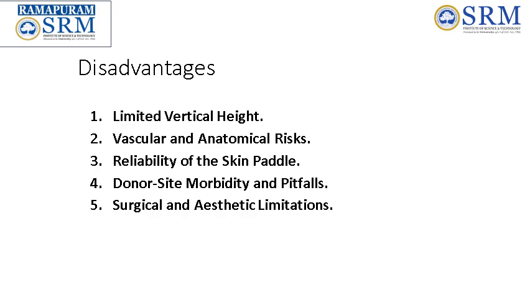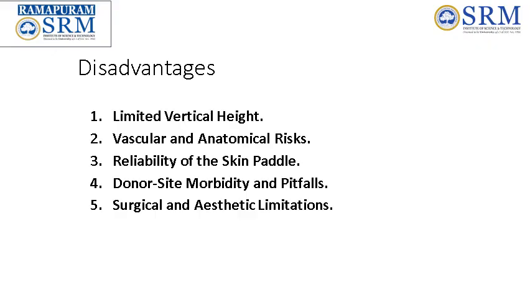The disadvantage of the fibula is its height. Since the height of the fibula is very small, it has a very limited vertical height, so you can use a double barrel to increase the height. Next is the vascular and anatomical risk.